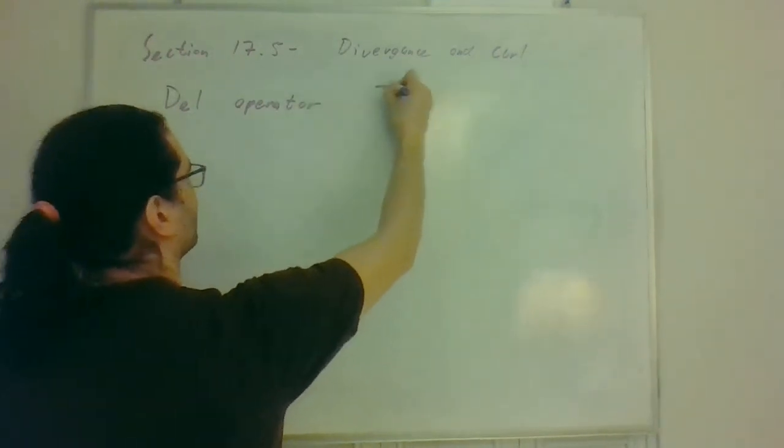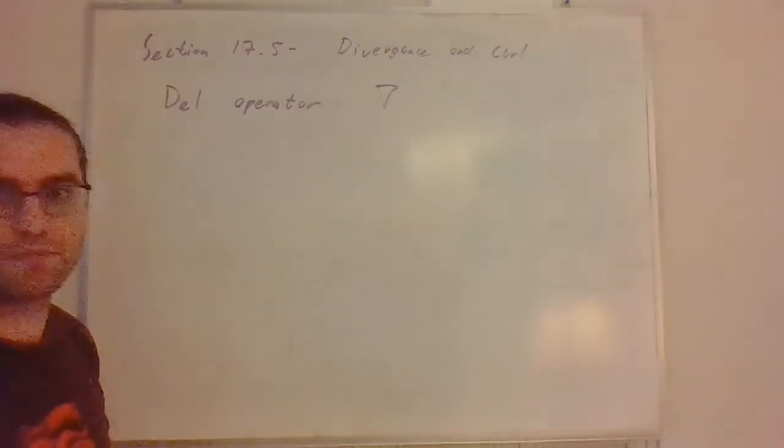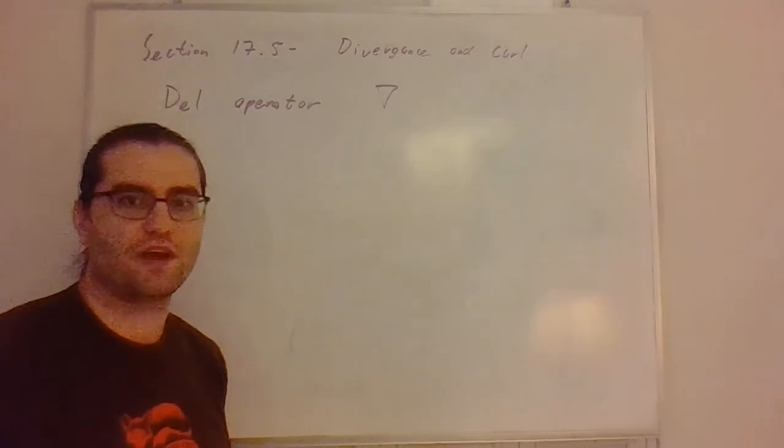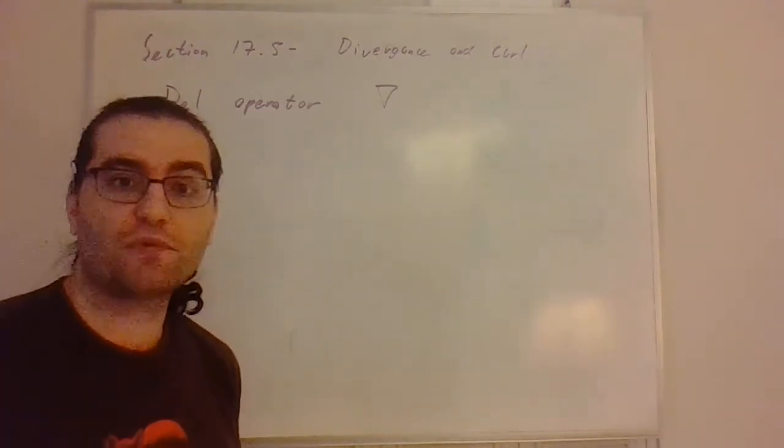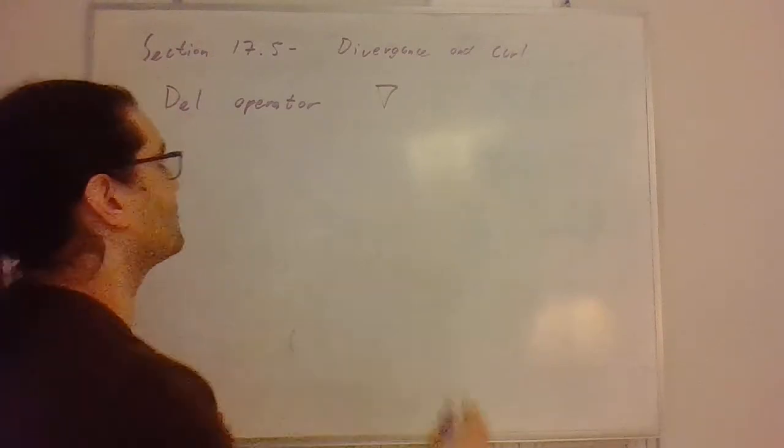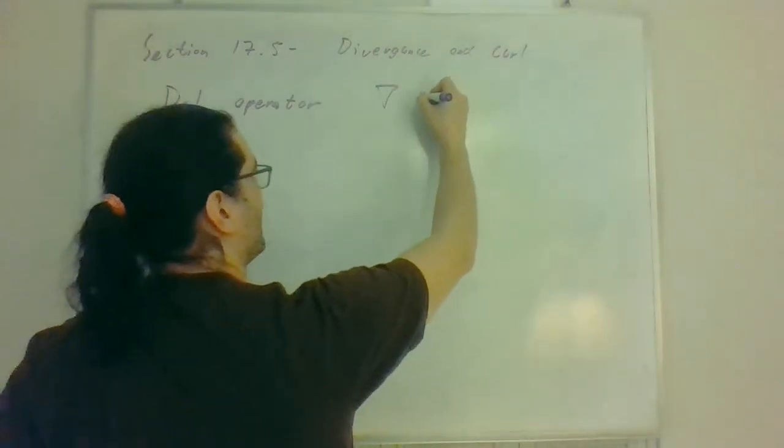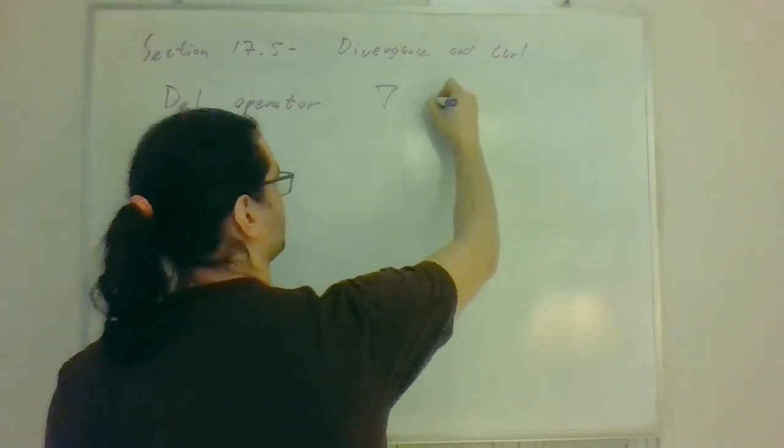The del operator looks like this. It's like an upside down delta or upside down triangle. And you have seen this operator before. You've seen this operator with respect to gradients. This is the thing that gives us gradients.